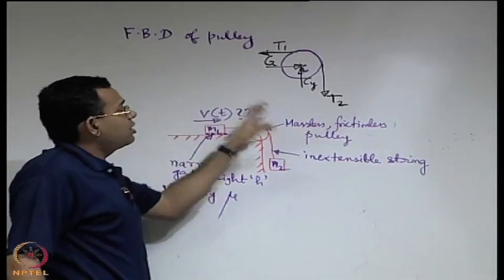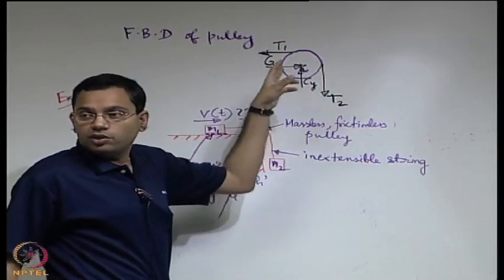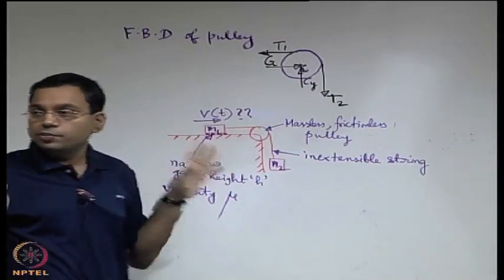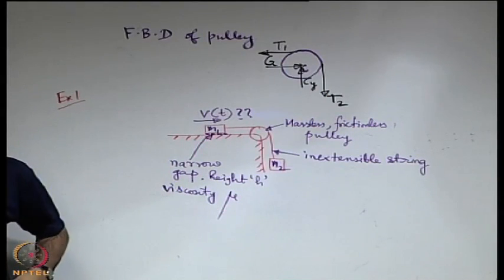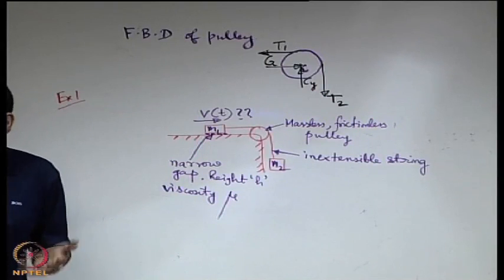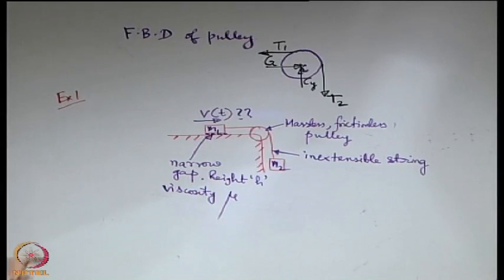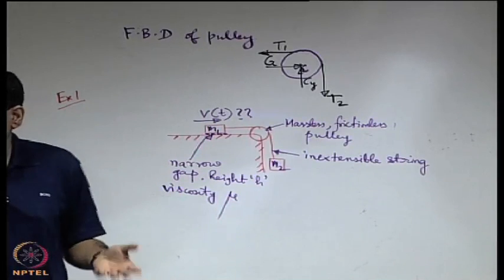We are not exactly using the consequences of these in drawing the free body diagram. So, in the free body diagram we are keeping everything as general. So, let us consider that the pulley might have a mass also. Of course it has a mass, when we say massless we do not mean that it is literally massless, we mean that effect of that is not significant, that is all.